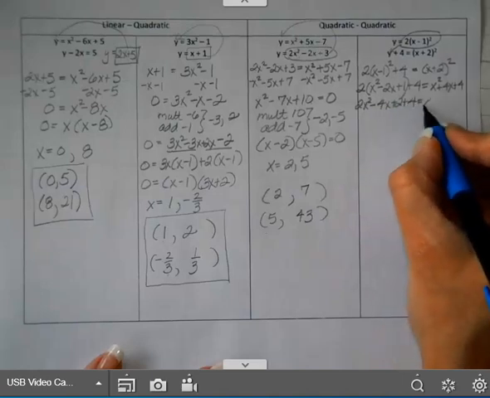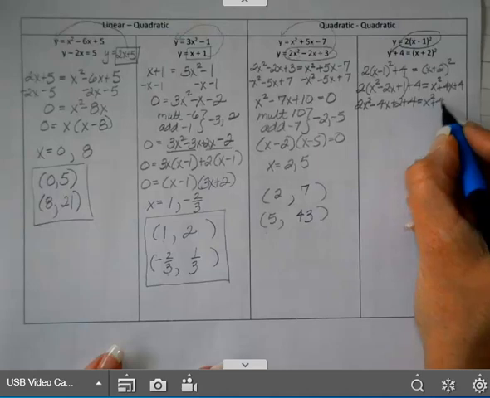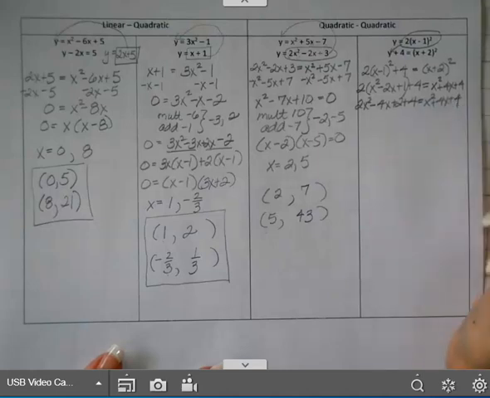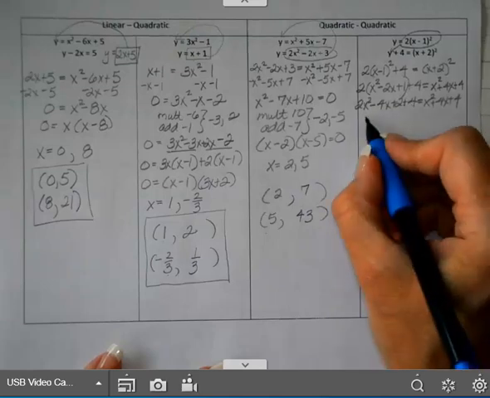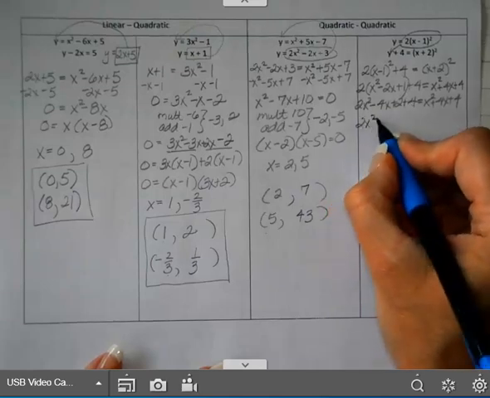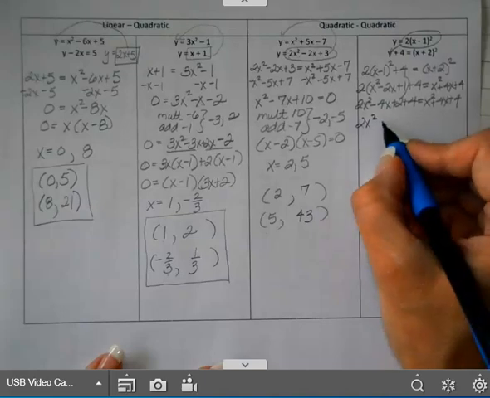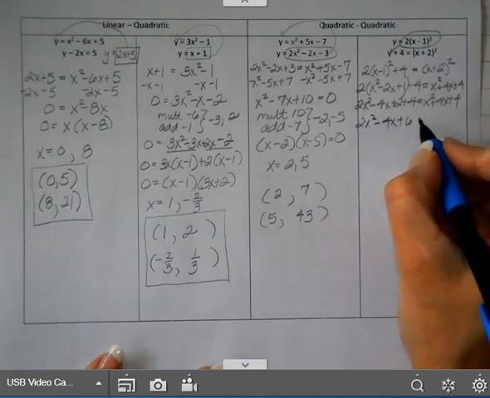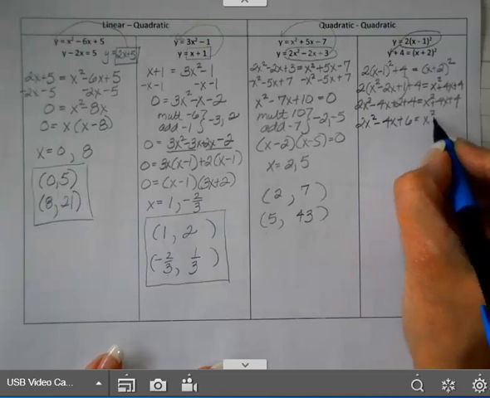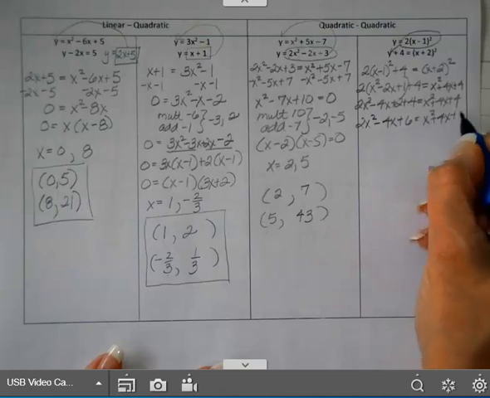And that's equal to x squared plus 4x plus 4. There's quite a bit of algebra in this one. Let's combine our like terms. So 2x squared minus 4x plus 6 is equal to x squared plus 4x plus 4.